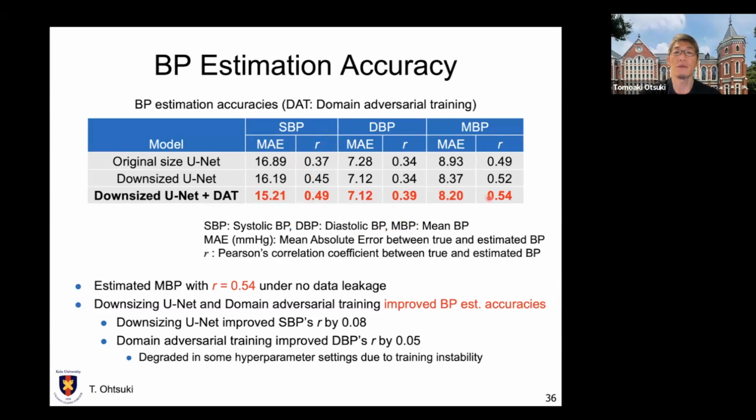As you can see, for example for MBP, we can achieve a relatively high Pearson correlation coefficient, even for the intra-subject scenario or inter-subject scenario. That means training and testing with no data leakage for different persons.